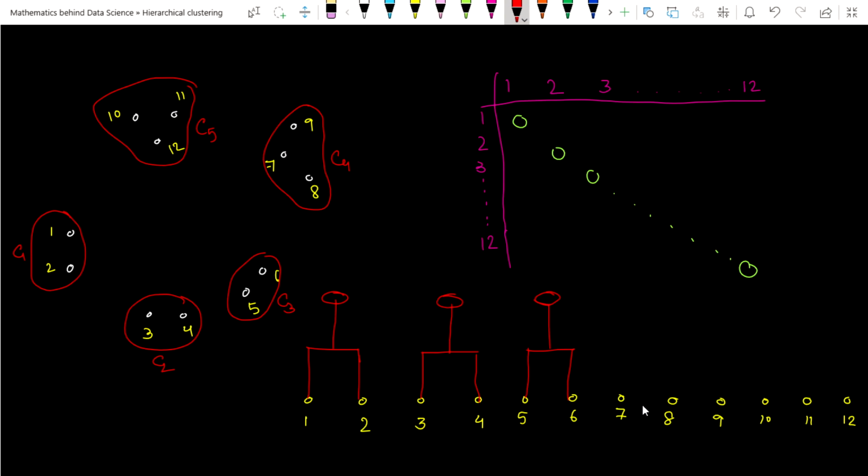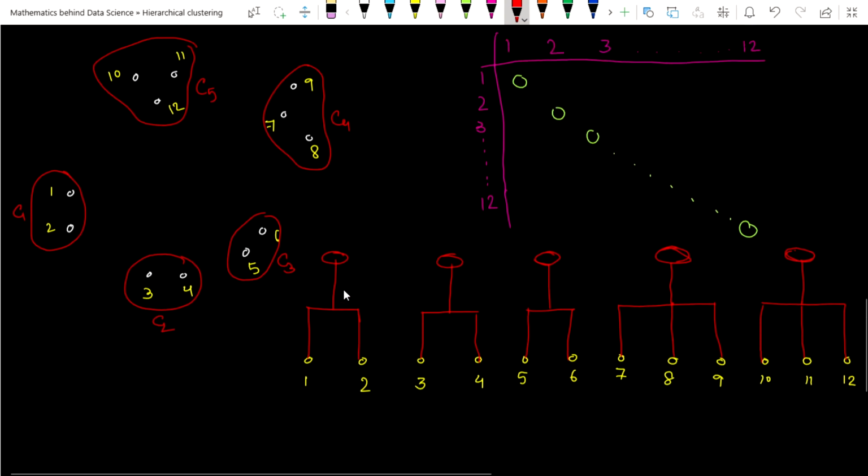Similarly, 7, 8, 9 will make a single cluster here. Similarly here also. Now from 12 points, we will make 5 clusters.